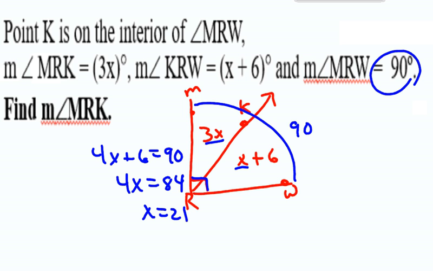So you should be able to go ahead and plug that in to your equations, and let's see what happens. 3 times 21 is 63. 21 plus 6 is 27, and they do indeed add up to 90.